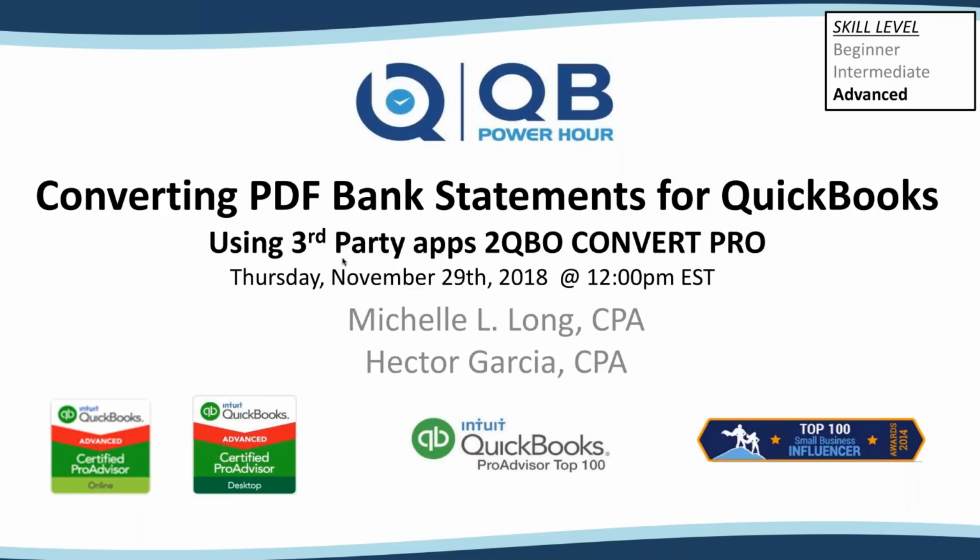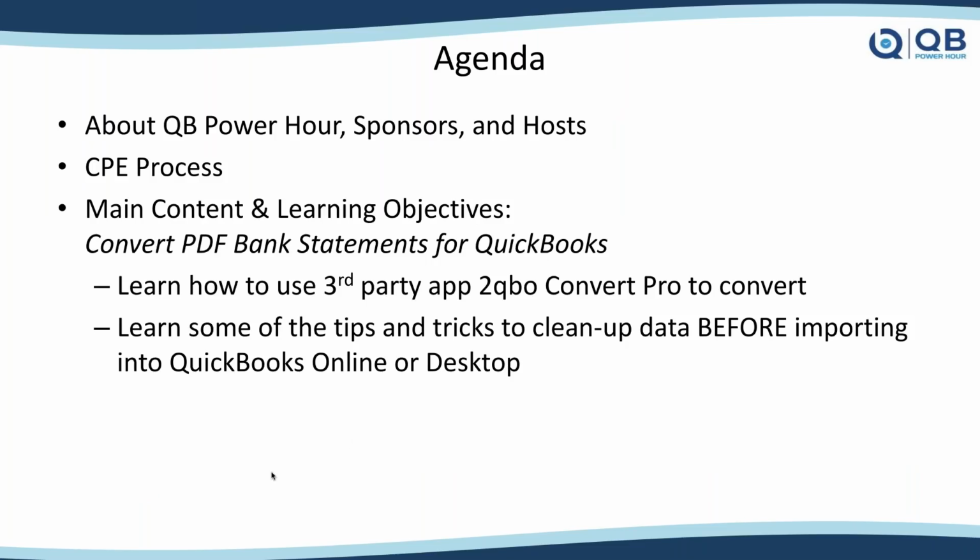Okay. All right. Good. So welcome everybody to QB Power Hour. Today is November 29th, 2018. And today's episode is converting PDF bank statements for QuickBooks using a third-party app called 2QBO Convert Pro Plus.